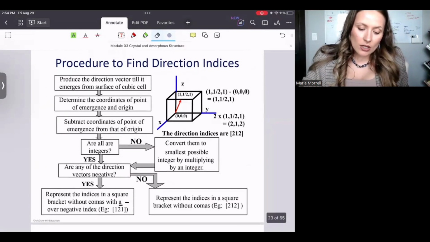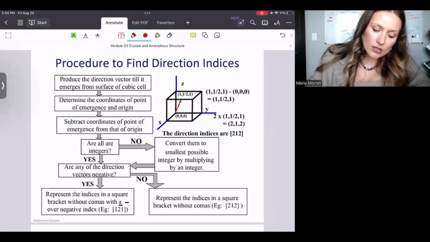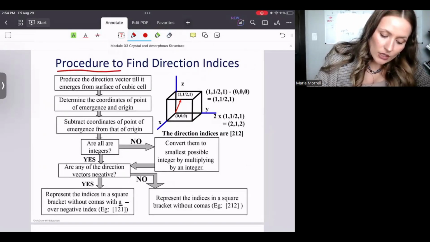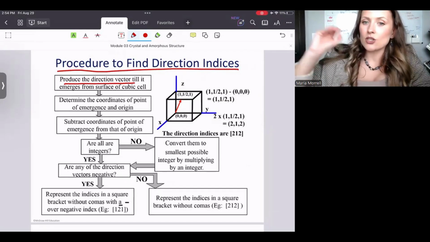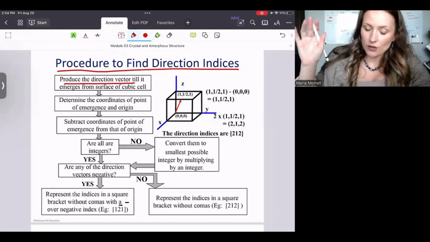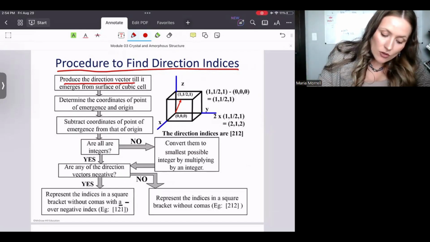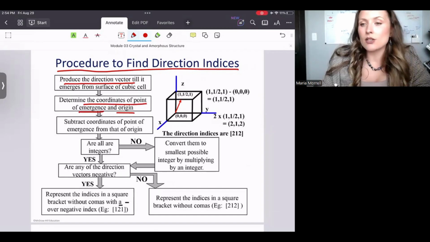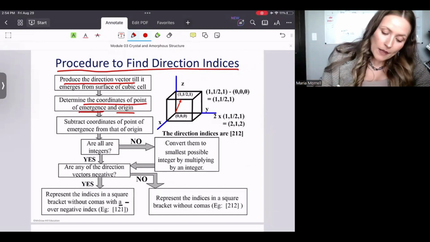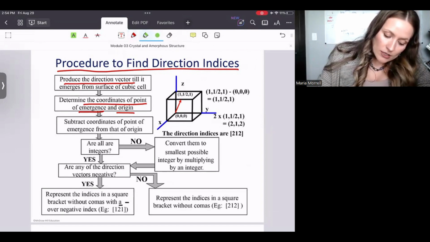Now, what is the general procedure to actually determine direction indices, right? Well, first you need to produce a direction vector till it actually emerges from the surface of the cubic cell, right? Now you need to determine the coordinates of the point of emergence and origin, so entrance and exit. And keep in mind, this is going to be important, that's why I'm going to highlight it.